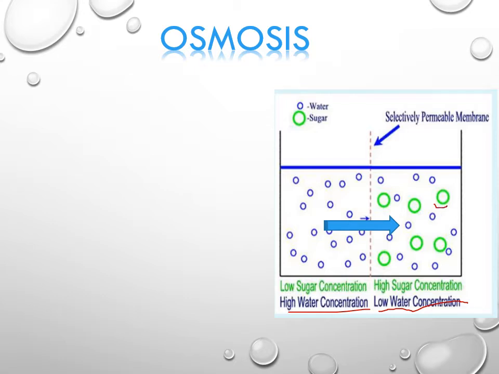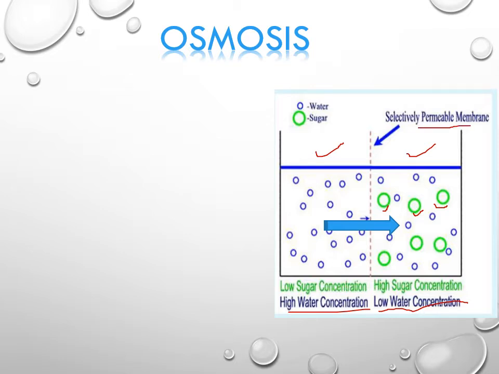You can see it has solutes dissolved in it. Okay, these are the solute particles here. So here if you see, this side is pure solvent while this side is your solution, and these two are separated by a semi-permeable membrane.